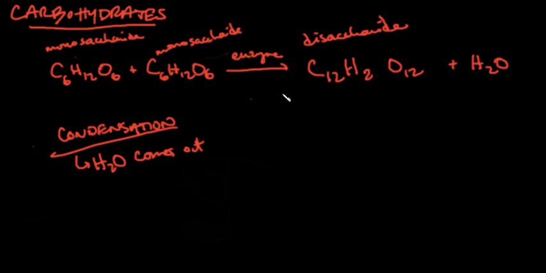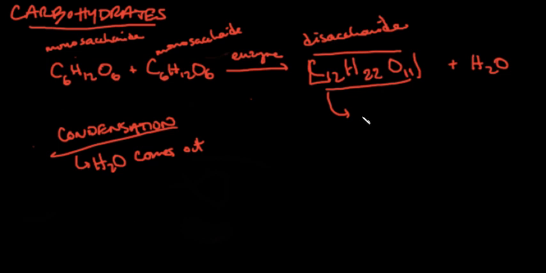So we don't end up with 24, we end up with 22 hydrogens. And we don't have 12 oxygens, we only have 11. And this is our formula for a disaccharide, C12H22O11.